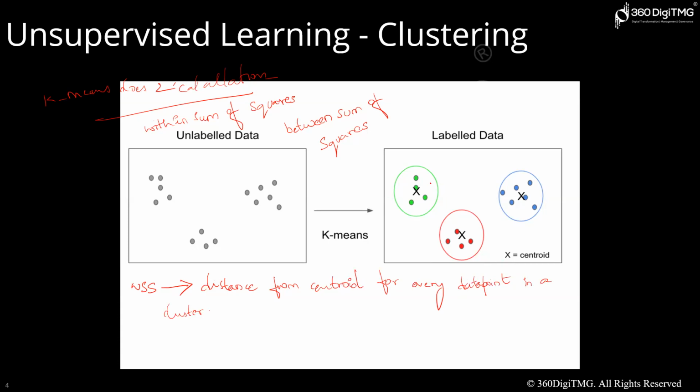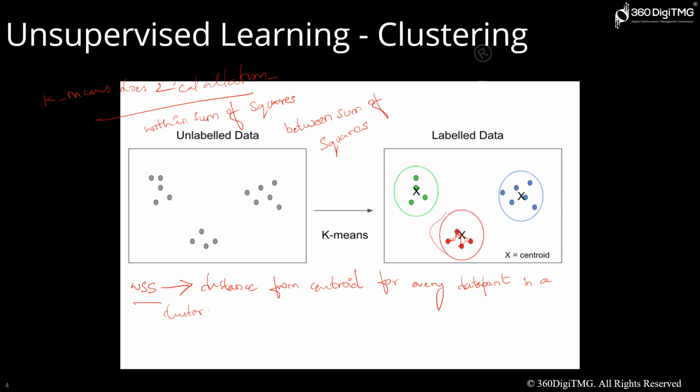So within sum of squares is nothing but you have your x centroid and this distance, this distance, this distance, and this distance. So the distance from a centroid, which is x, for every data point in a cluster. So this is a cluster and its data point distances. That is WSS.